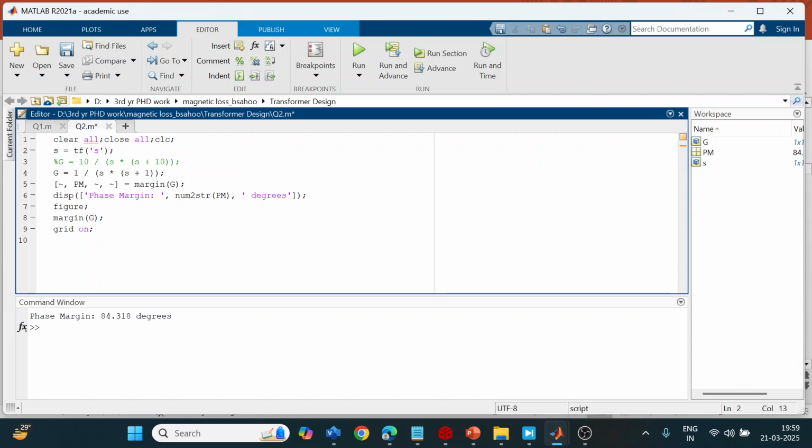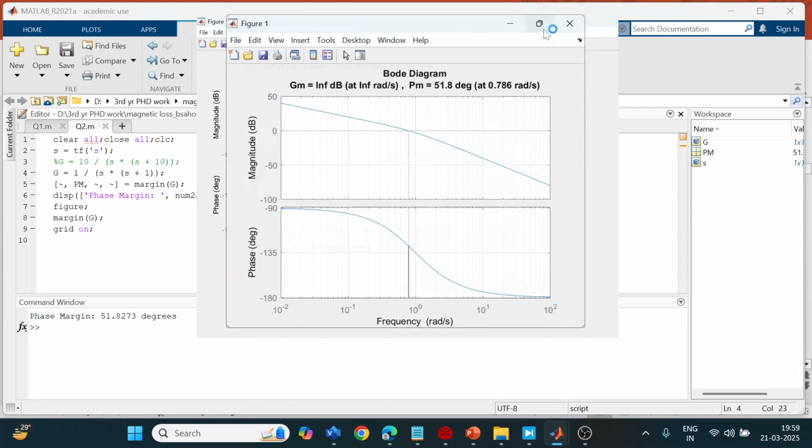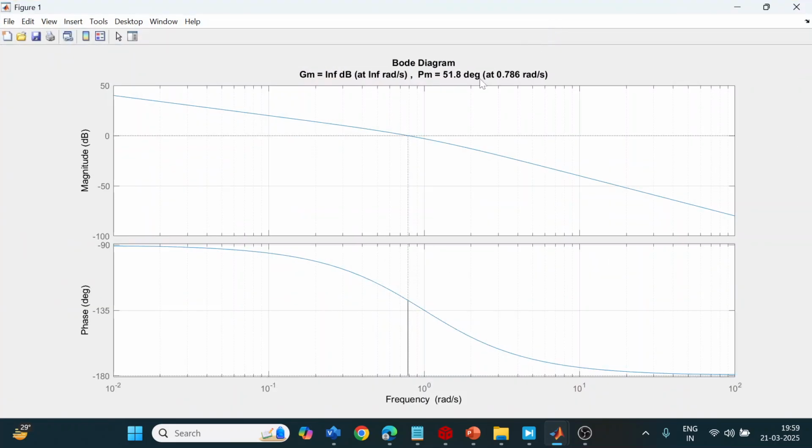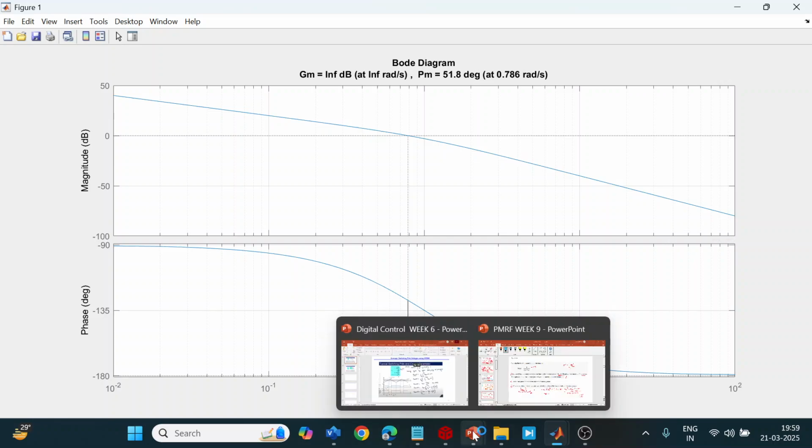This is the command, and this g I have written is 1 divided by s into s plus 1. I require only the phase margin, that's why I use the margin command. Run the command. If I zoom in, you can clearly see that the phase margin is 51.8 degree at 0.786.